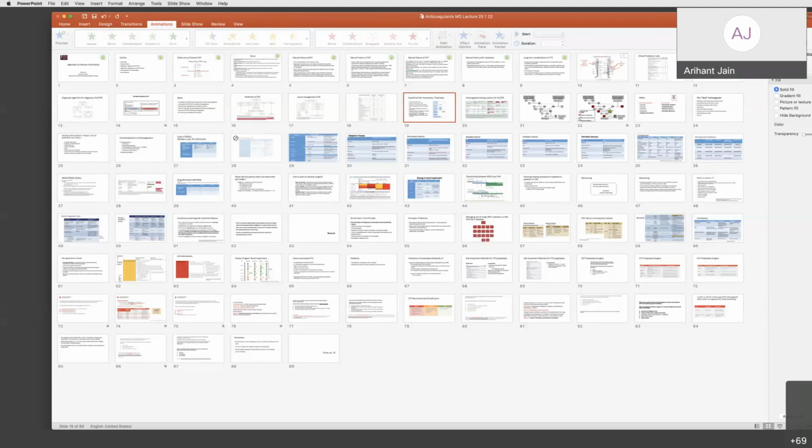Okay. You have heard acitrom? Sir, acitrom. So these are basically the anticoagulants which are there in our armamentarium for managing DVT or VTE.